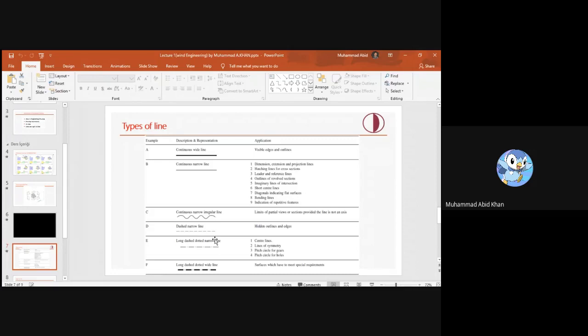This one is the dashed narrow line. You can see this one is the hidden outline and the edges.